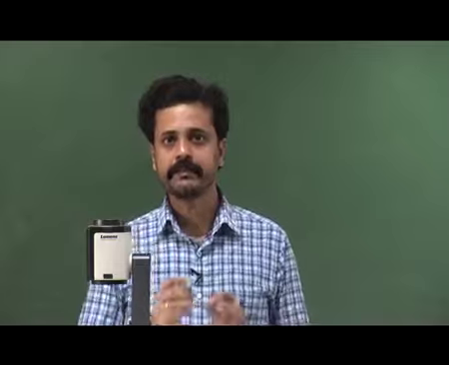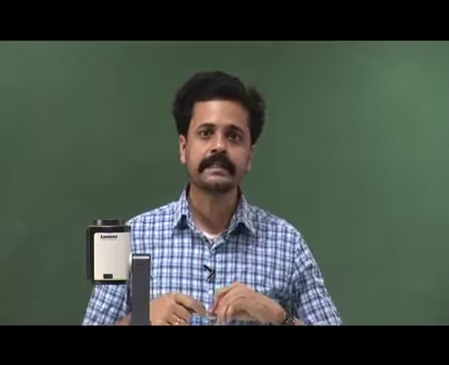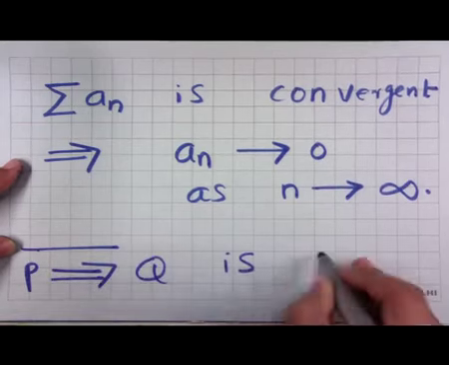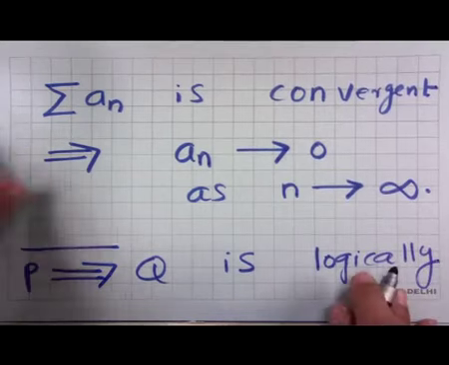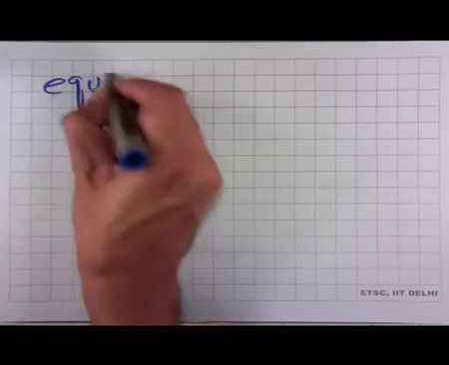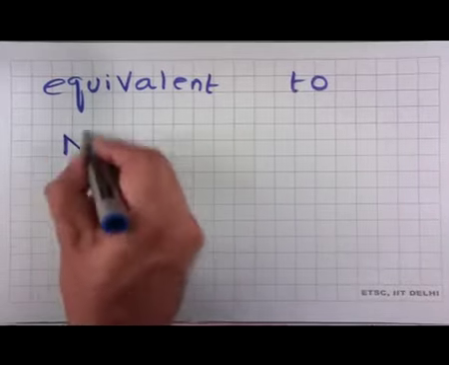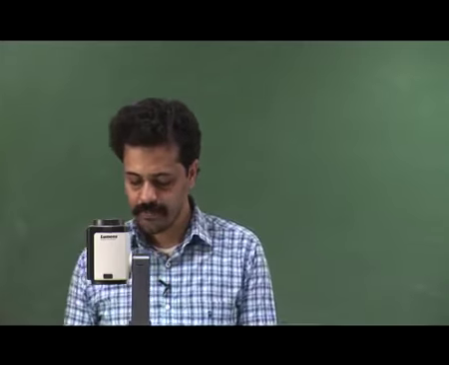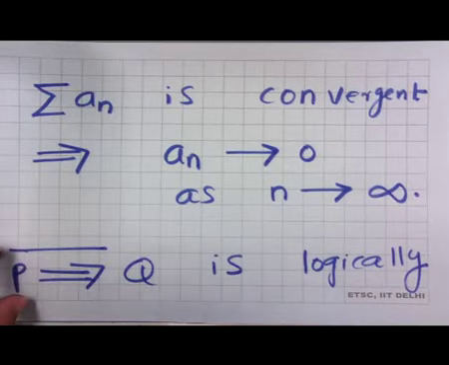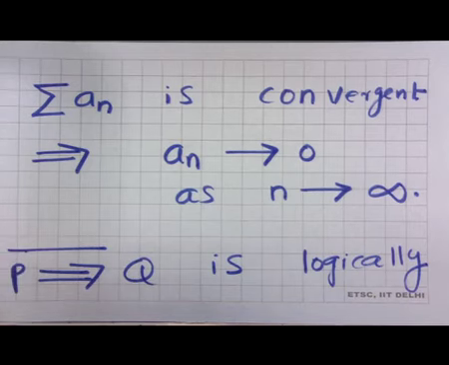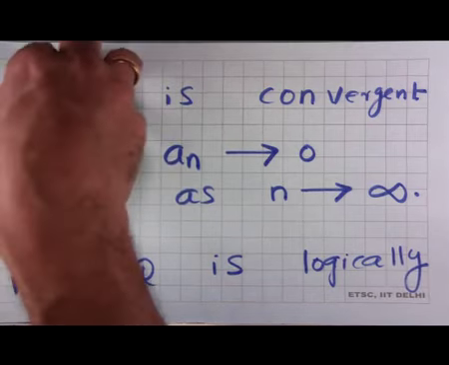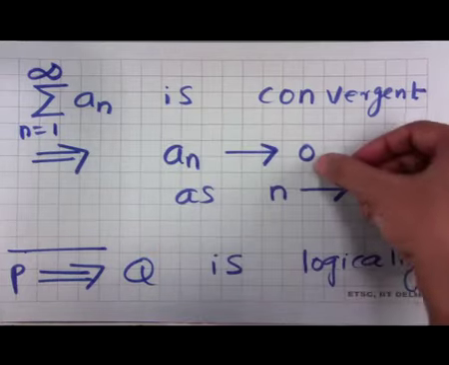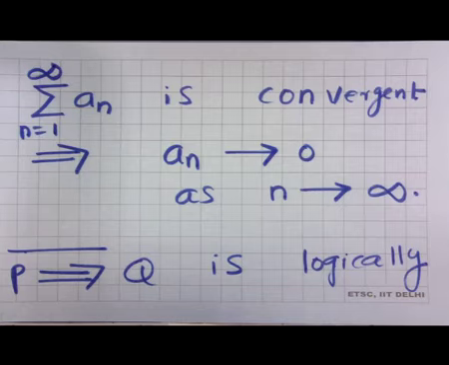Recall that if you have a statement P implies Q, it is logically equivalent to not Q implies not P. Be careful, P implies Q is logically equivalent to not Q implies not P. Going back to our observation, the series summation an being convergent implies the terms become close to 0 as n becomes larger and larger.